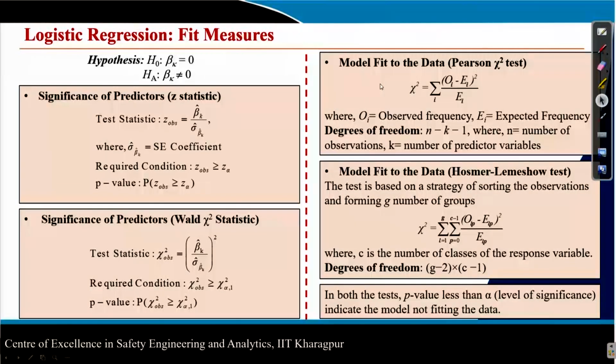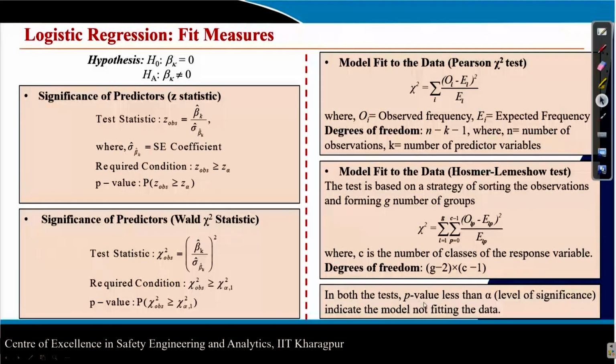That kind of thing, using the training data set or test data set, you can do with the Pearson chi-square test, or you can do the Hosmer-Lemeshow test, and the formulas are given here. Using these formulas you can find out the overall model fit, and if the overall model does not fit, it is better not to use it.